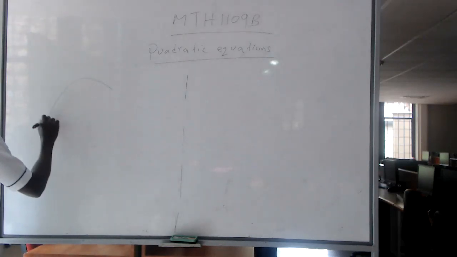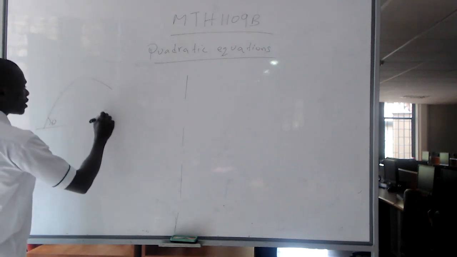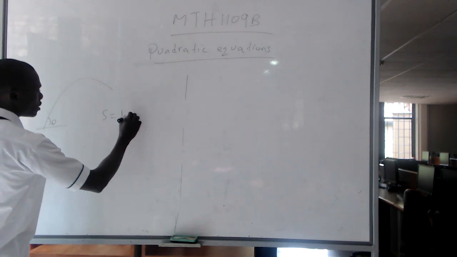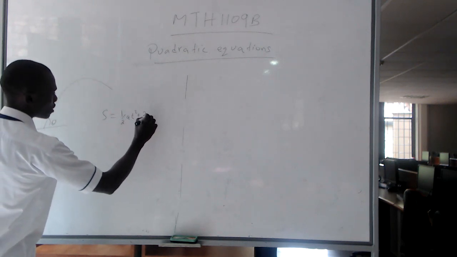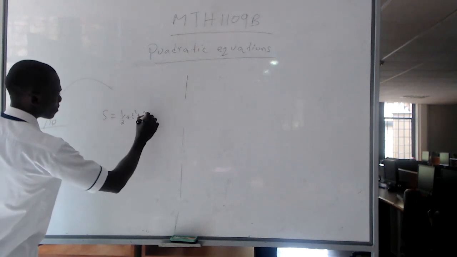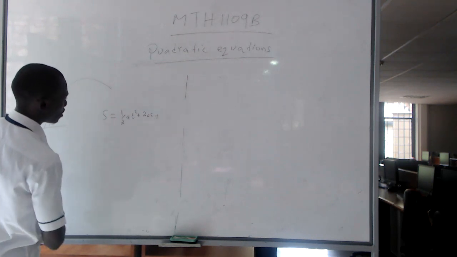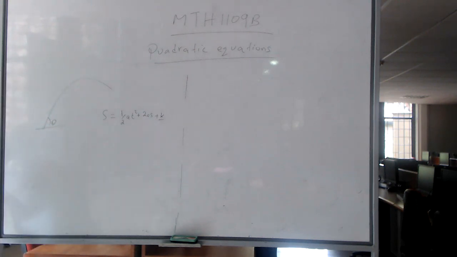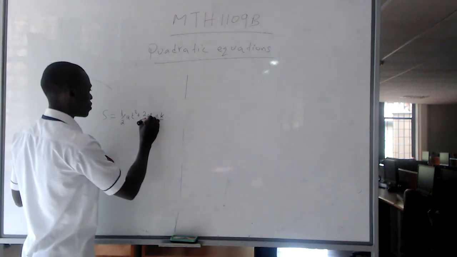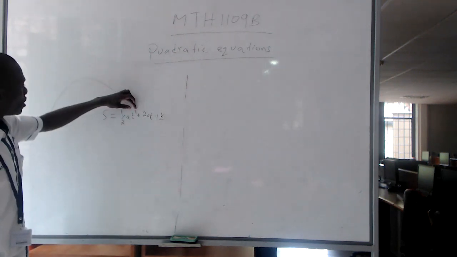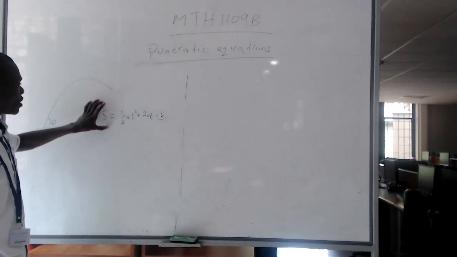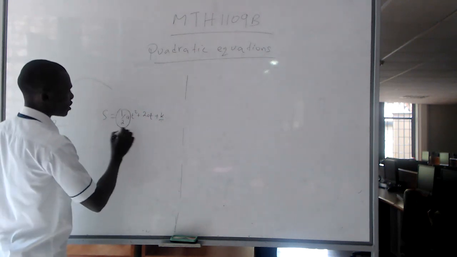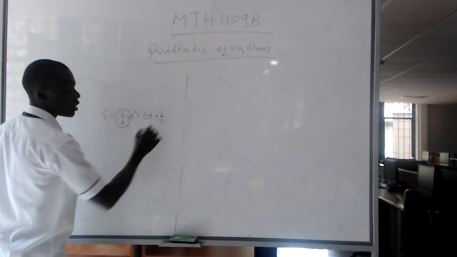When you launch a projectile at some angle, those who did physics are familiar with s equals a half a t squared plus 2at plus maybe k. I'm not sure of this. But this t is of degree 2, so to solve this I will need to know how to solve a quadratic equation. So I will treat this as the coefficient of the high degree term, the coefficient of the linear term, and the constant term.